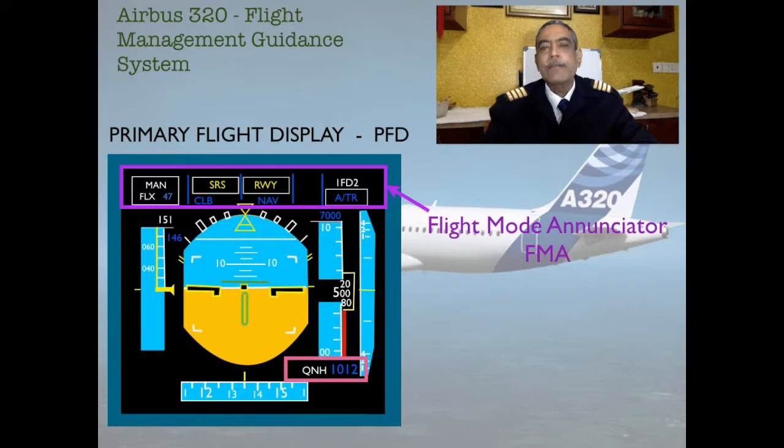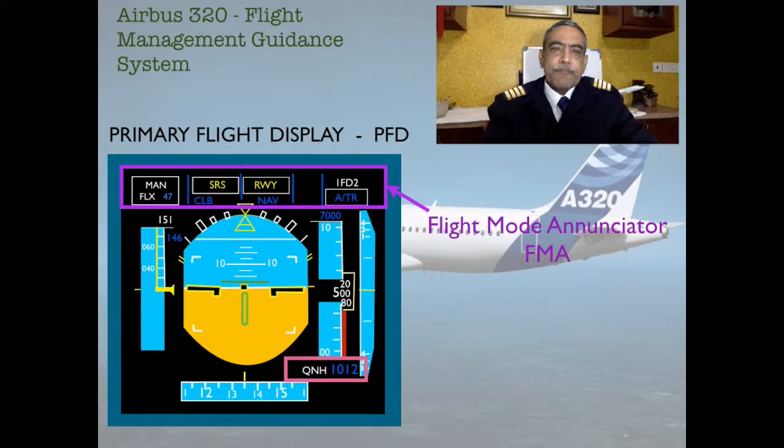This is called the flight mode annunciator. If you ask me, this is one of the most important displays for indicating to the pilot what mode, what is the current flight parameter that is controlling the plane.